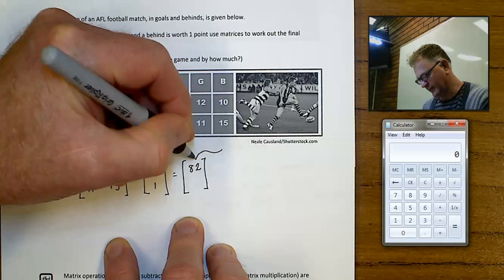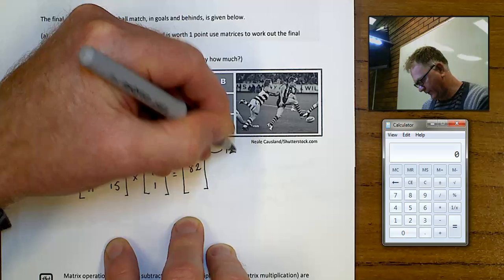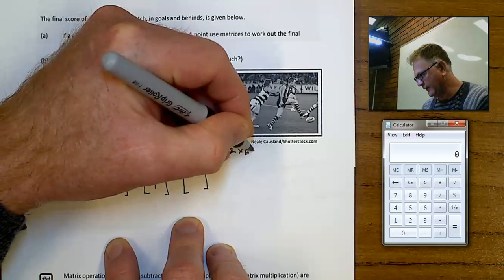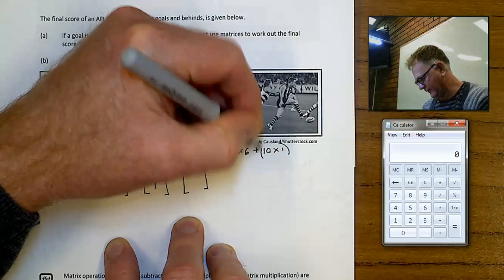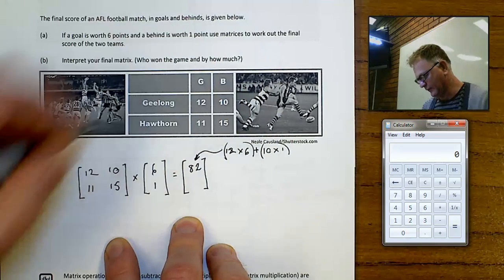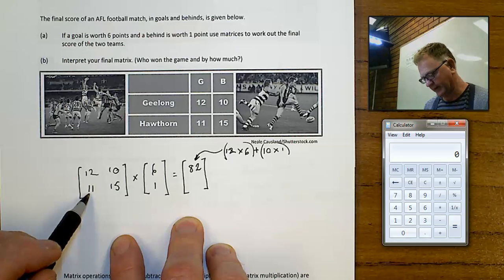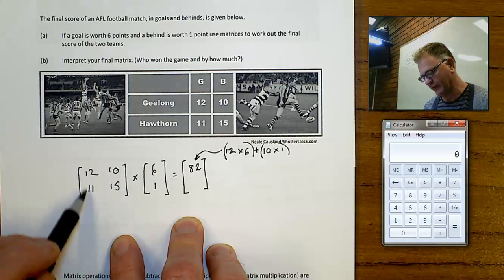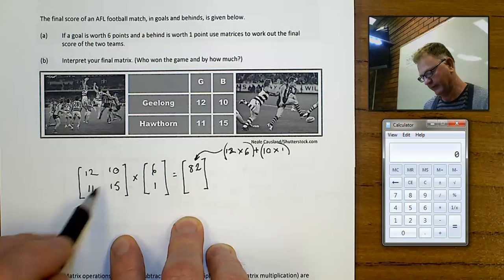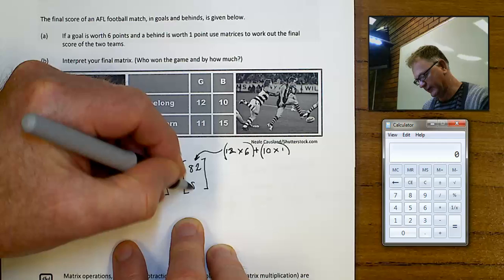Okay, so just for the sake of your notes, 12 times 6 plus 10 times 1 was that entry there. And Hawthorn's we'll get by multiplying 11 by 6 plus 15 times 1. Multiply rows by columns. 11 by 6 plus 15 times 1 ends up equaling 81.